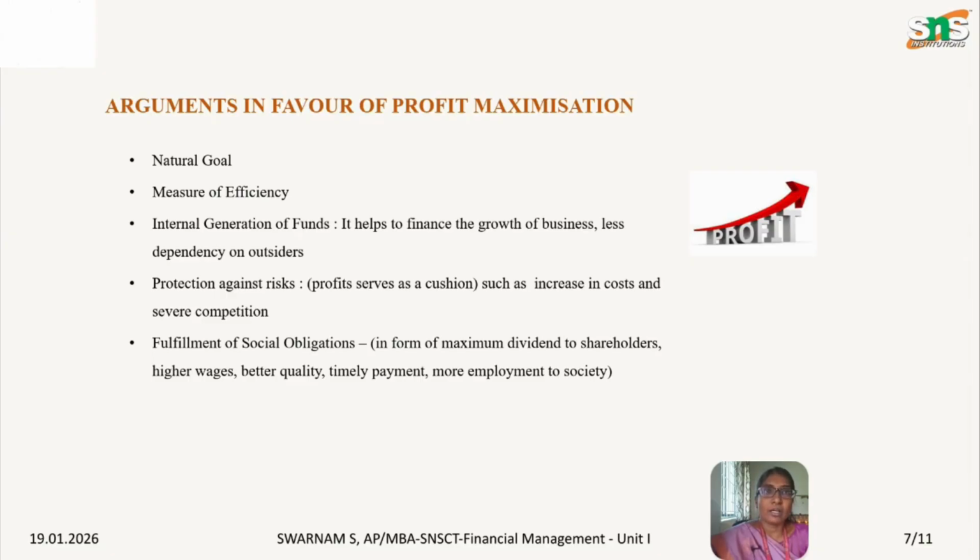The other argument in favor of profit maximization is that it helps us to fulfill social obligations. If the company is earning a good profit, you are in a position to pay a dividend to your shareholders, provide higher wages, provide a good quality of work life and timely payment to your employees.